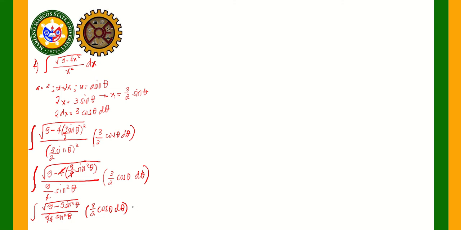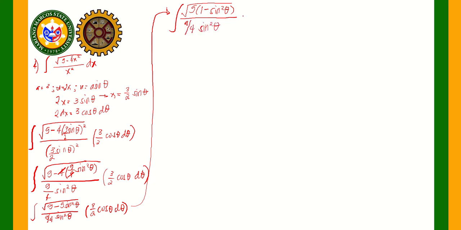Okay, so we still have to simplify. We can factor out 9 in our numerator. So we are left with the square root of 9 times 1 minus sine squared theta all over 9 over 4 sine squared theta multiplied by 3 over 2 cosine theta d theta.